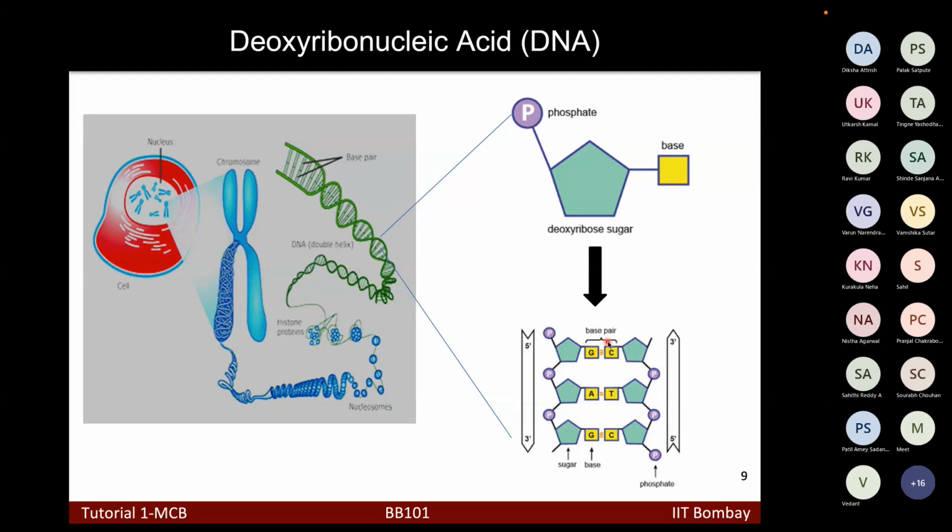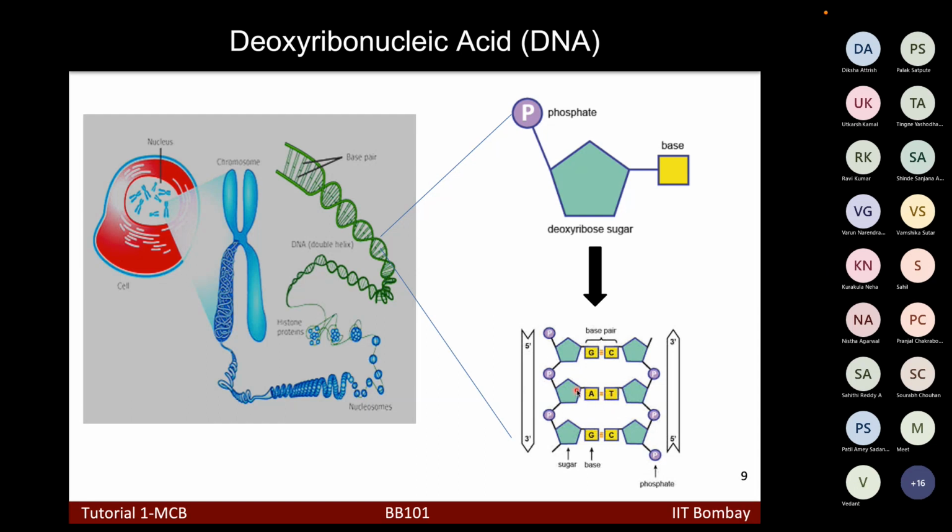So this is a dictum: G always binds with C, A always binds with T. If there is any deviation from this, that means it's an abnormal DNA, some kind of mutation, and that will eventually be destroyed by the nucleus itself. So G always binds with C with the help of 3 hydrogen bonds. A binds with T with the help of 2 hydrogen bonds.